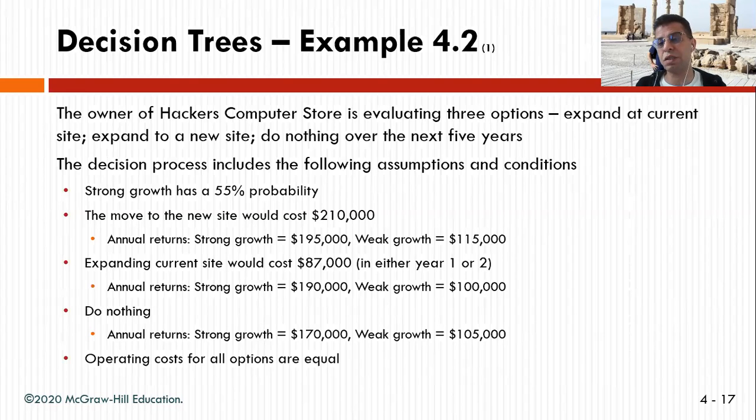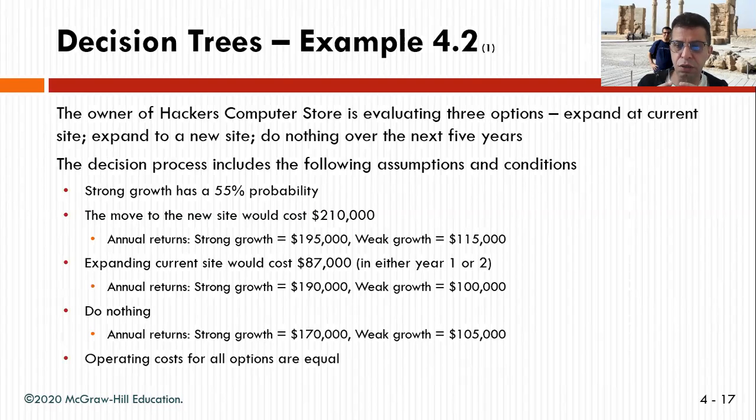Now, in case they say we will be expanding the current site and not moving, it would cost them only $87,000, in either year 1, or maybe they want to do the expanding in year 2, because one of the decisions is, let's not do anything this year, and next year we'll be expanding.